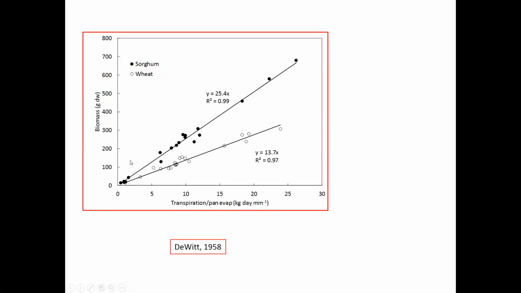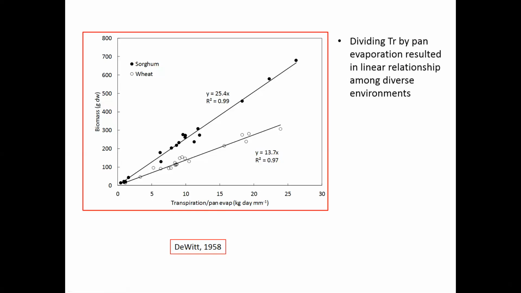And over many diverse environments, we see a very, very linear relationship for sorghum here at the top line and wheat at the bottom line. So again, it's a way of normalizing the data to account for differences in the environment. So dividing the transpiration by the pan evaporation resulted in a linear relationship among these diverse environments.